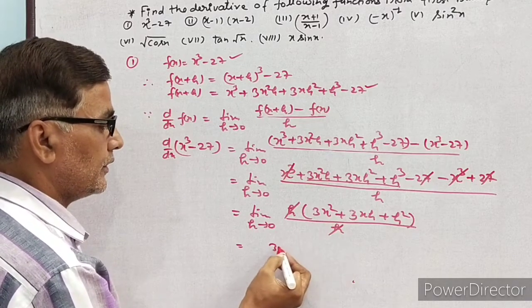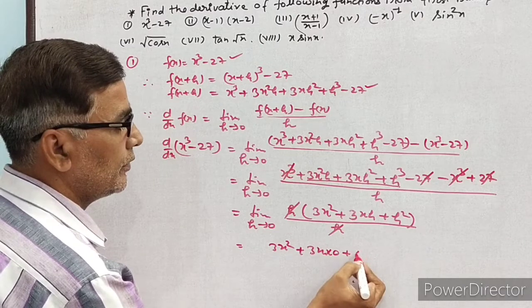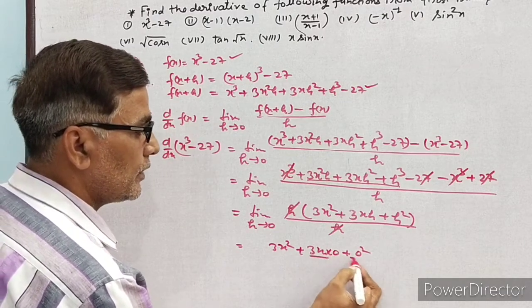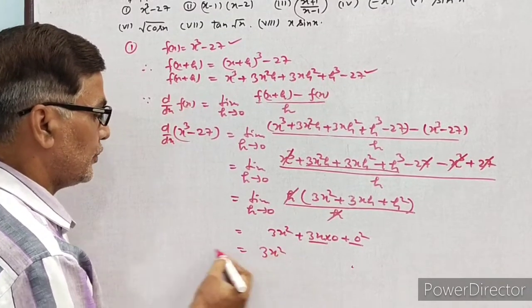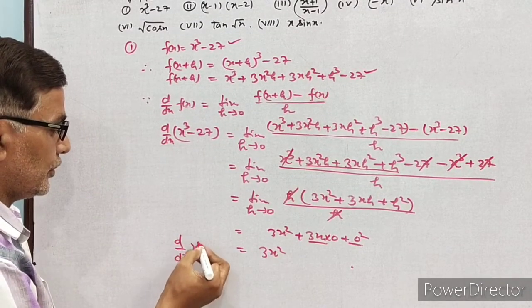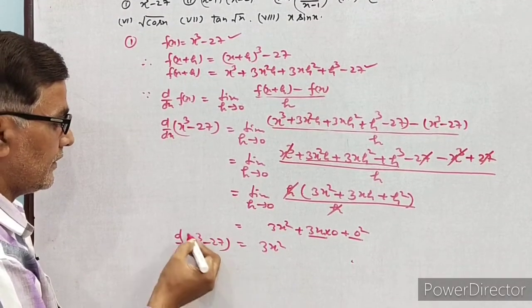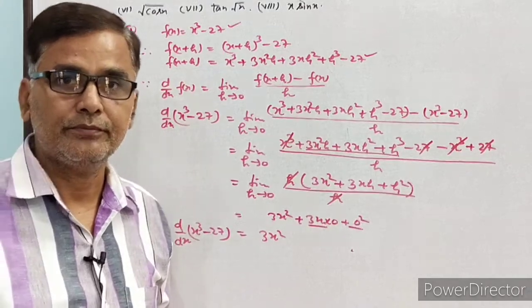We have 3x square plus 3x into 0 plus 0 square. These two terms turn to 0, and hence we have the result 3x square. So the derivative of x cube minus 27 is 3x square. This is all about this question.